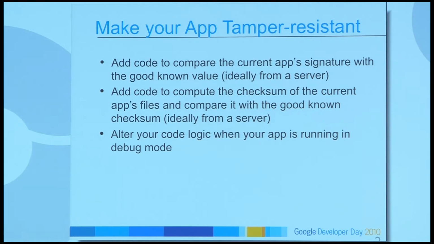The last thing is to try to alter your code logic when the app is running in debug mode. This is really effective, especially when hackers try to enable debug mode and see some log output. If you change your logic, it makes it really hard for them to reverse engineer.